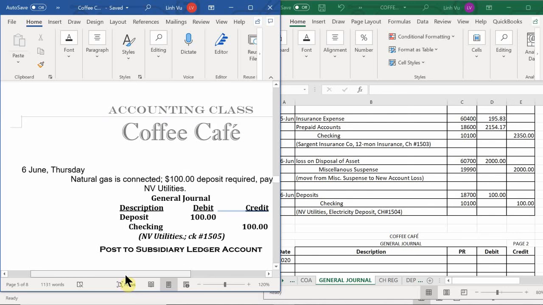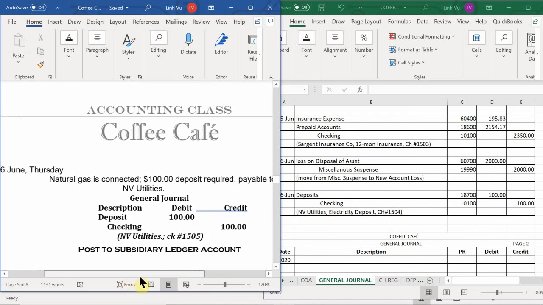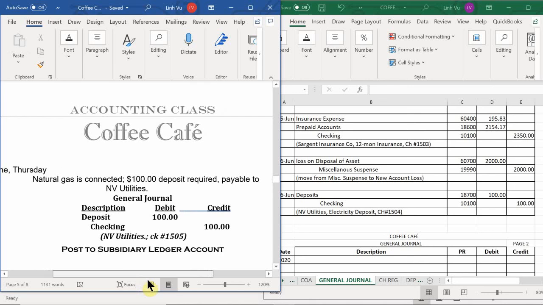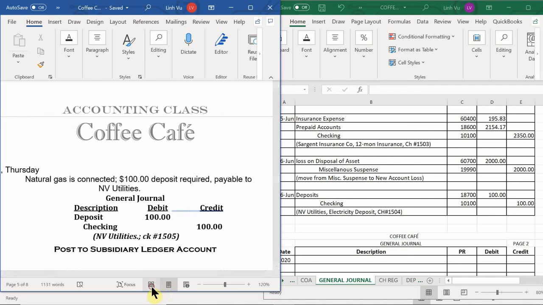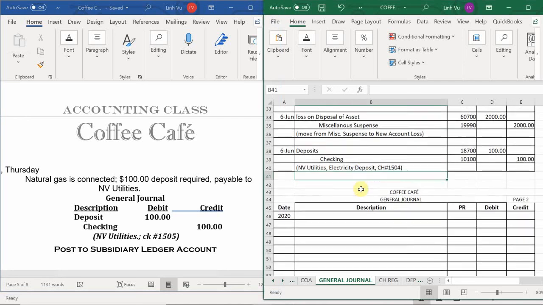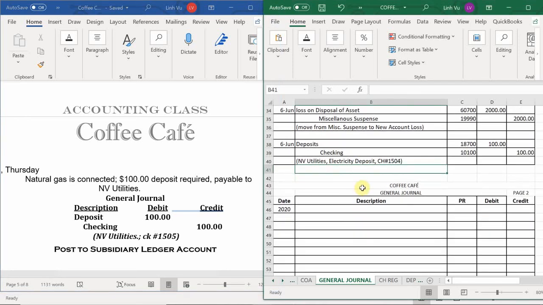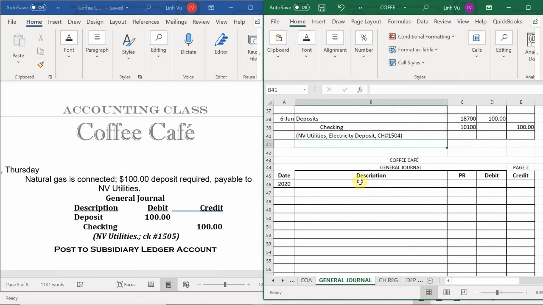Natural gas is connected. Another $100 is required for a deposit, and it's once again made through NV Utilities. Usually gas and electricity are paid separately. They're never paid together.